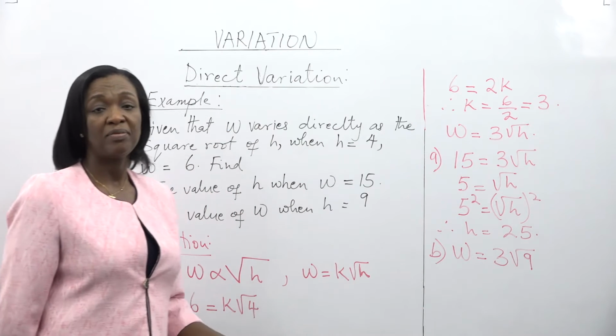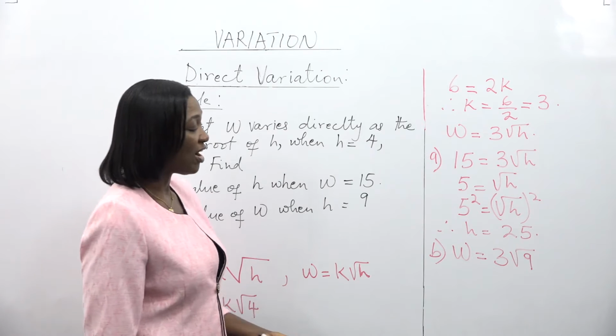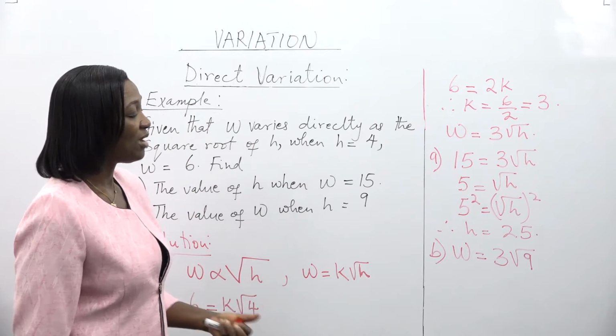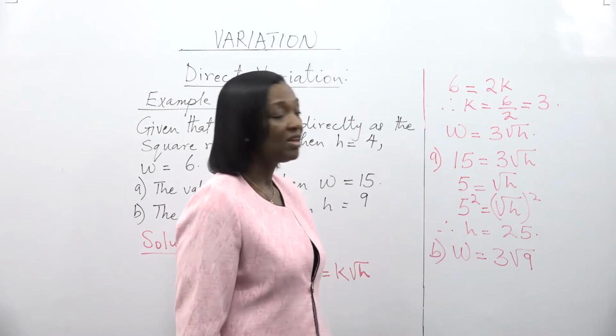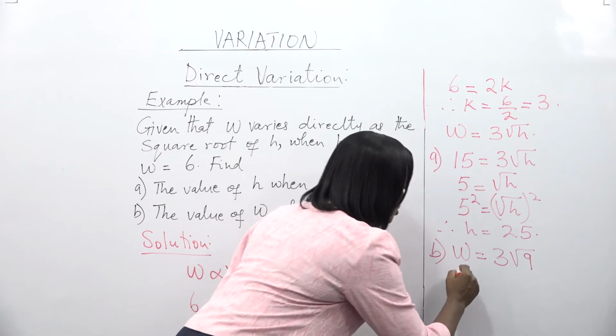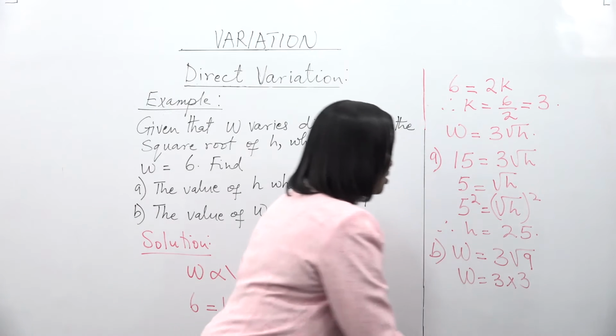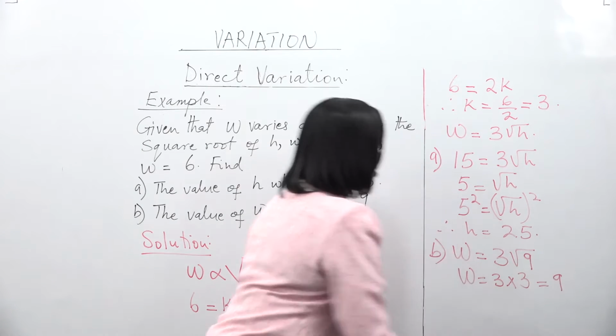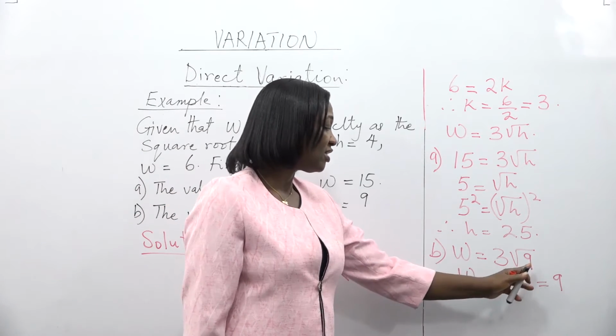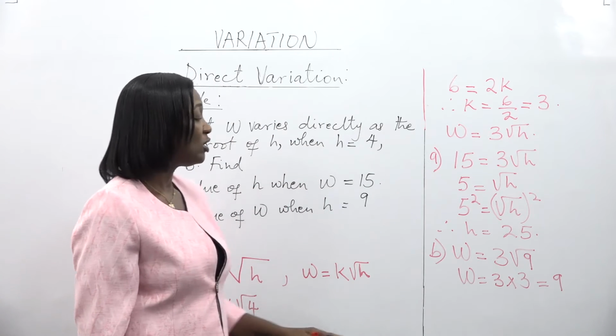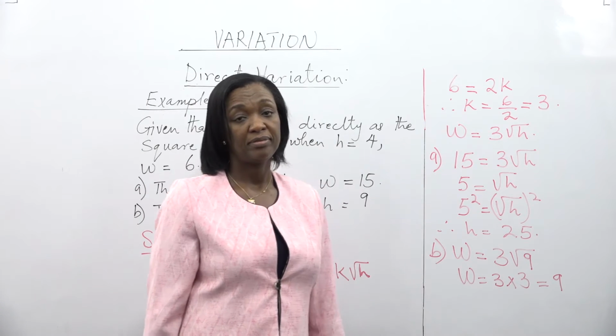This is very easy. And we know that 3 root 9 will be 3 times 3, because root 9 is 3. So w is equal to 3 times 3, which is equal to 9. So when h is 9, w is also 9.